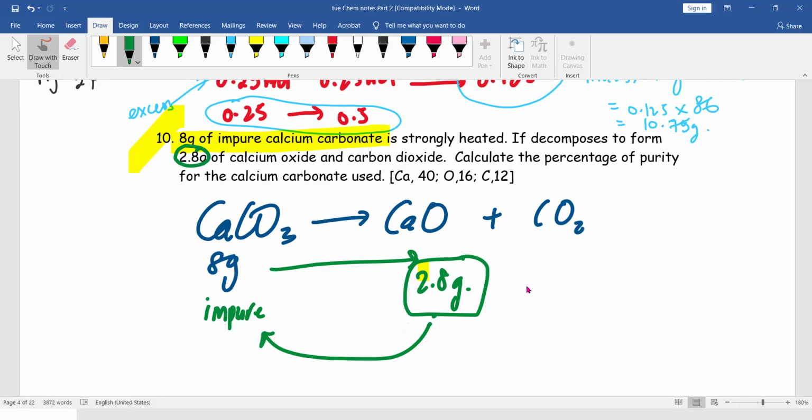So now what you do is you find out the moles of calcium oxide first. Do that first. No need, just calcium oxide.